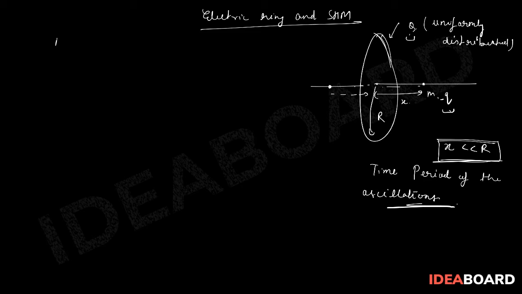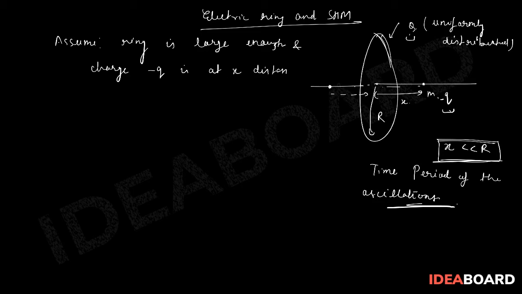So here my assumption is, assume the ring is large enough and charge minus Q is at x distance away from the center of the ring.